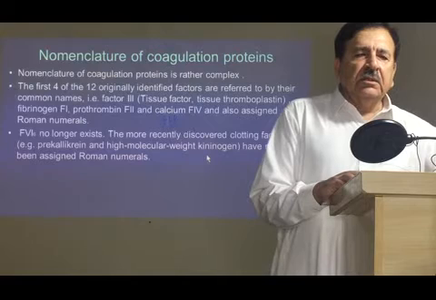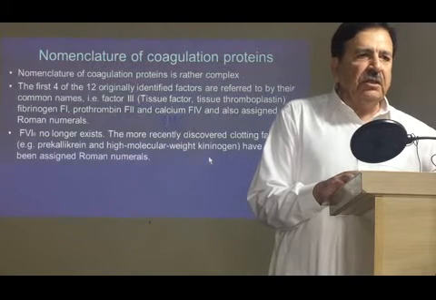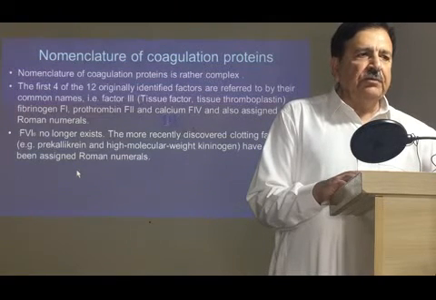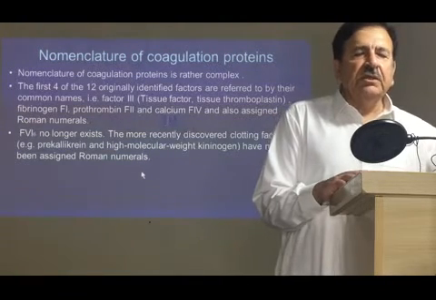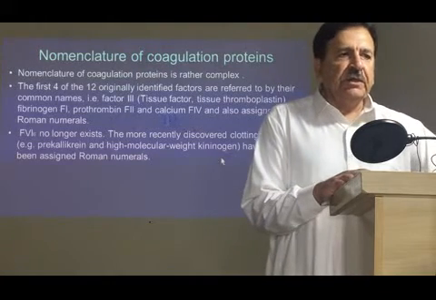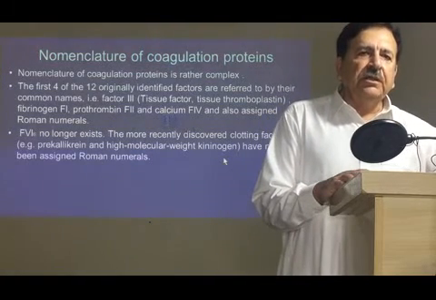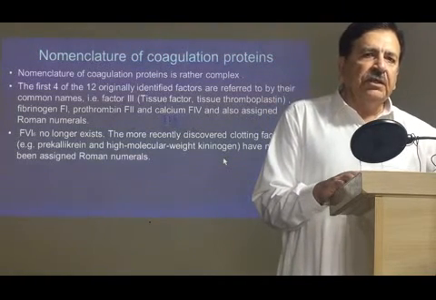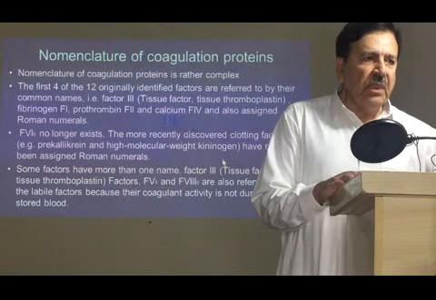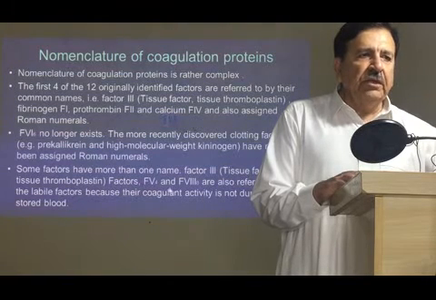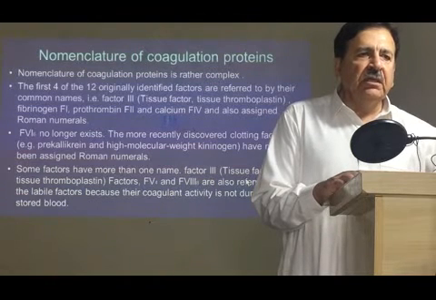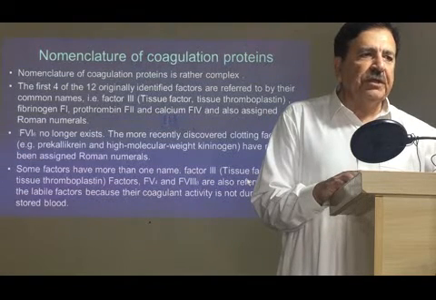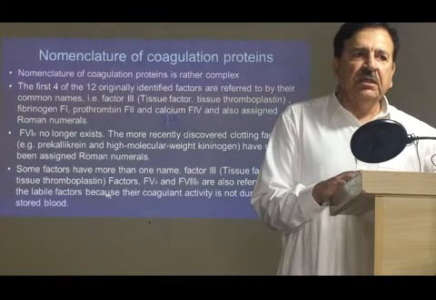The most recently discovered clotting factors, for example prekallikrein and high molecular weight kininogen, have not been assigned Roman numerals, so these factors are called by their original names. Some factors have more than one name, like factor 3, which is named tissue factor or tissue thromboplastin.